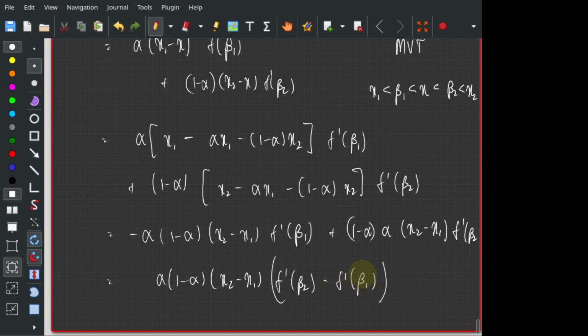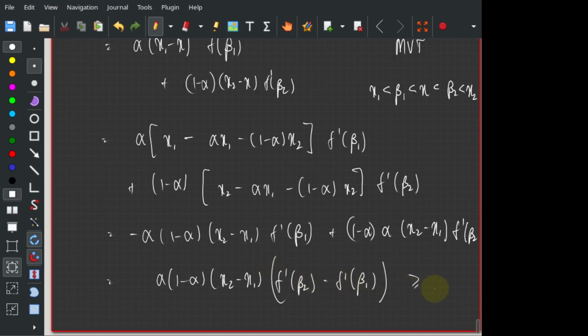Okay, so now let's make use of what we know. Alpha and 1 minus alpha are both non-negative. x2 is strictly greater than x1, we've always taken it to the right. So this quantity is non-negative. What about f prime of beta 2 minus f prime of beta 1? This is also non-negative, because beta 2 is strictly greater than beta 1, and we know that the second derivative is non-negative.